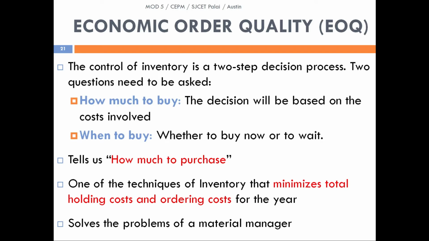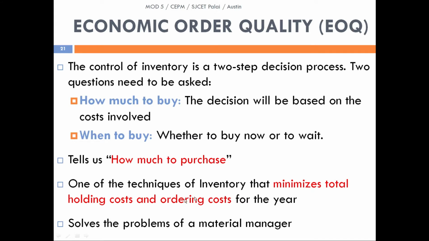If you are able to take that risk, or we'll be weighing the cost of holding extra inventory. We have to weigh which one is better, to become out of stock or to invest more amount on stocking more inventory. We have to weigh that and then take the decision. So it tells us how much to purchase and when to purchase.